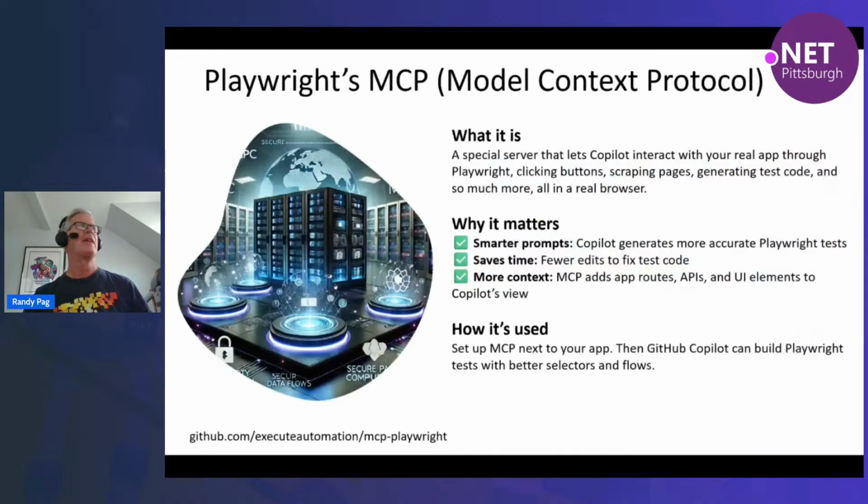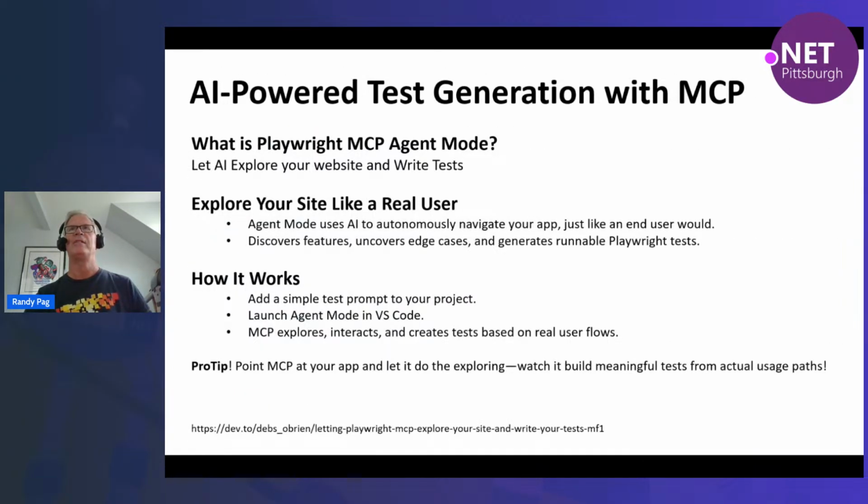If you're not familiar with that, there's a Playwright MCP server out there that allows me to interact with it using agent mode from my Visual Studio. So that's another thing that's fun to play with, if you get some time, give that a try. And what will happen is I can ask Copilot, hey, I have this website, go out there and run some test scenarios for me. And Copilot will go out and do that for me.